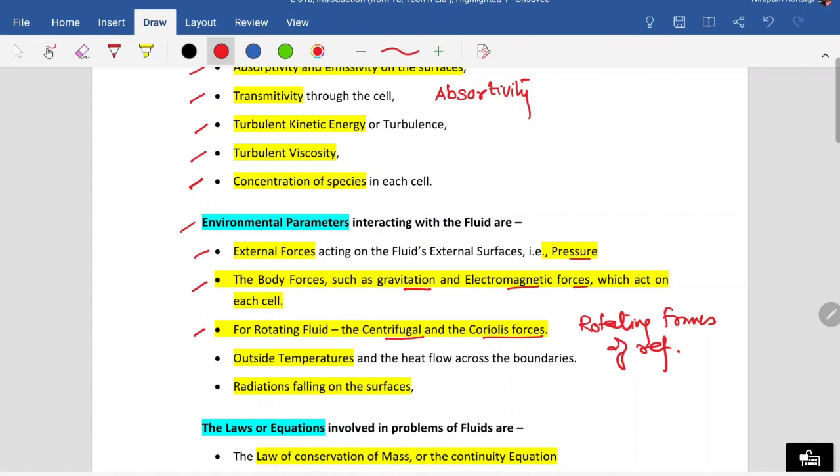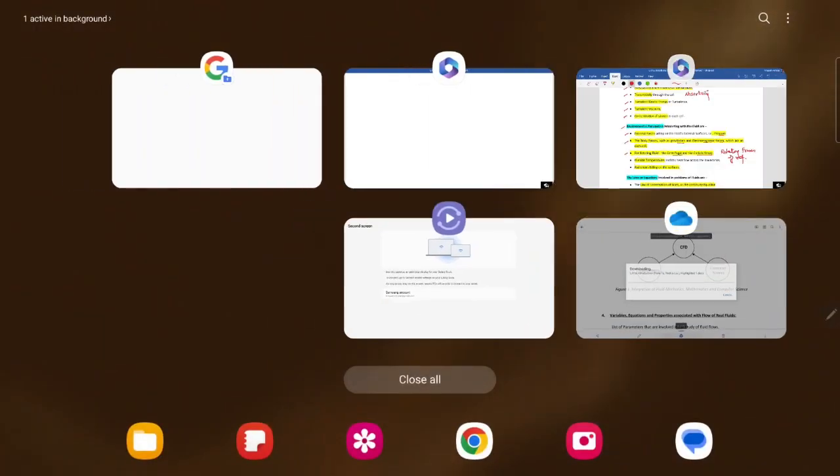So whenever you move from an inertial frame to rotating frames, you have to take care of this. It's something like when you are talking about an accelerating frame. So there are three types of frame. It's better that I come here. What is the inertial frame?